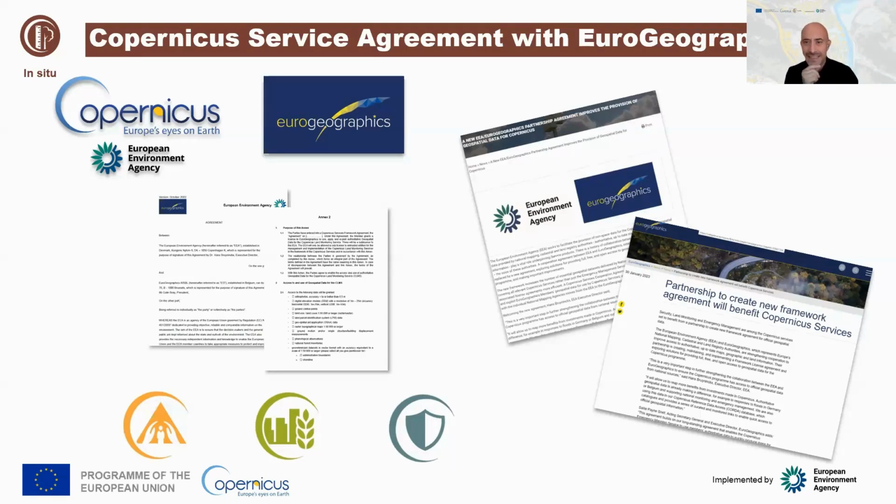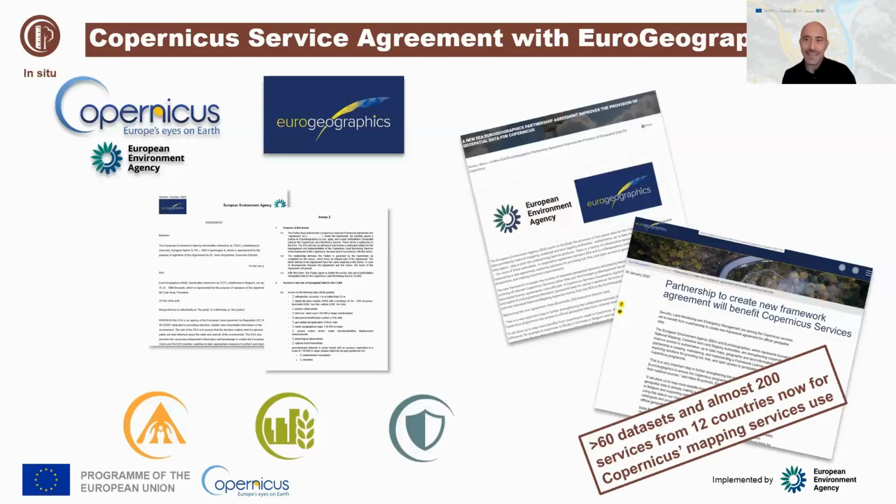If you click again, I think I still have something in the slide. Yes, since the last update of the service agreement, thanks to the excellent work between EuroGeographics members and CORDA, there has been an increase over the last few months of more than 60 datasets, almost 200 services from 12 countries now made available in CORDA.